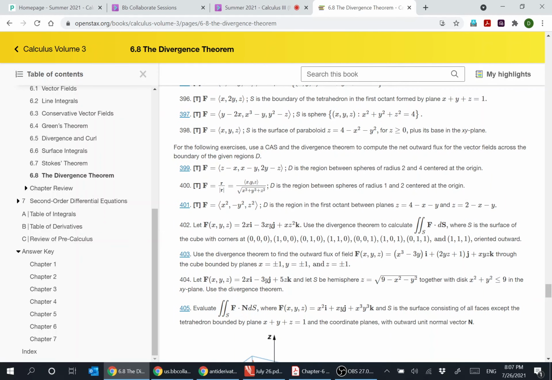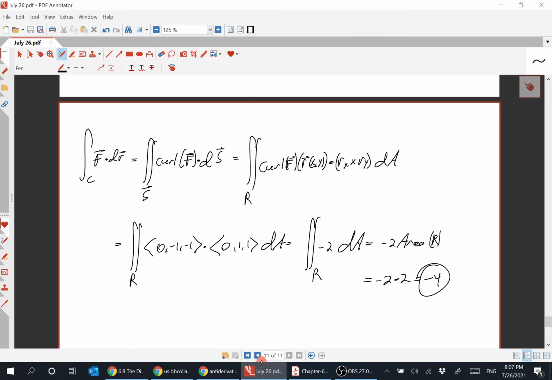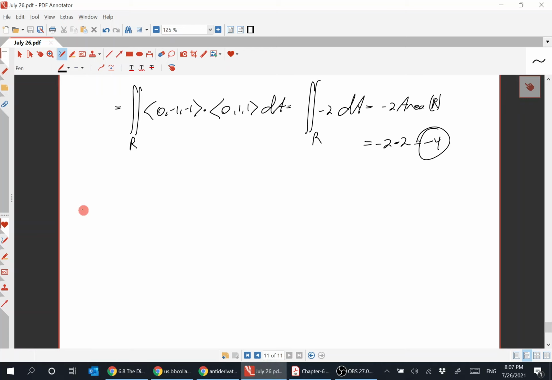All right, 402, real simple. So in 402, calculate F dot dS, where F is this right here. So 8th type of question. So apply Stokes' or divergence theorem.